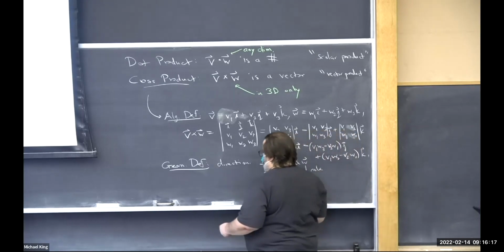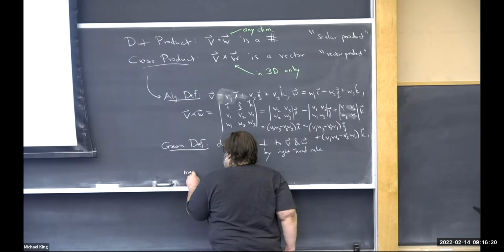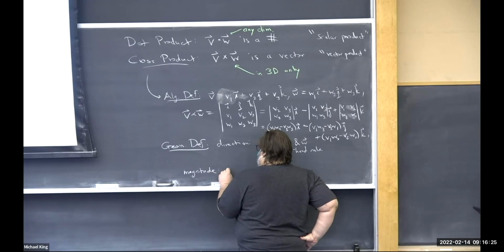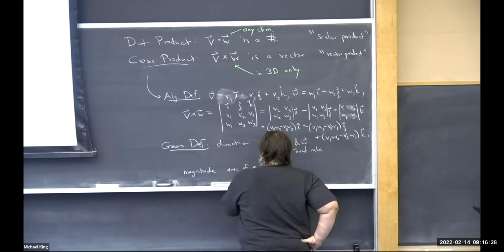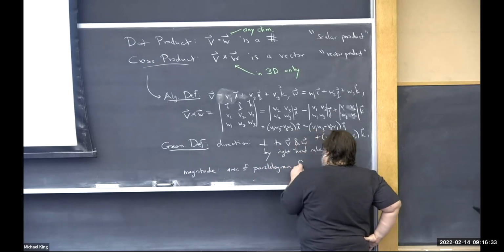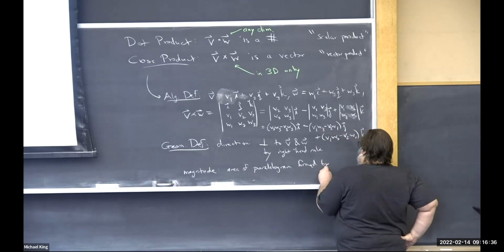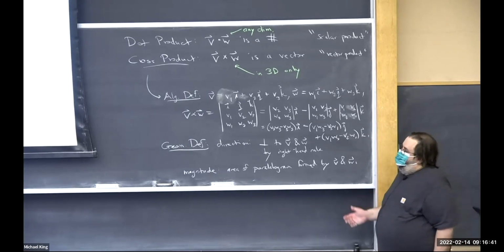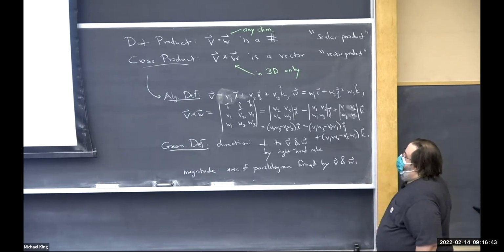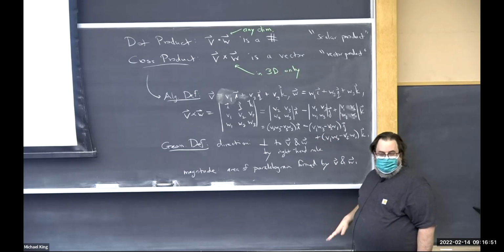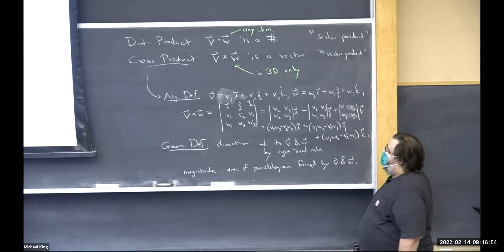And the magnitude, which is kind of strange, and we'll give another formula in a moment, is the area of the parallelogram formed by V and W. It's in the picture on the handout, but it's a strange idea that this formula gives these two things, that we're saying these are equivalent.